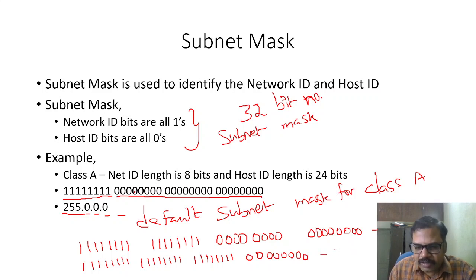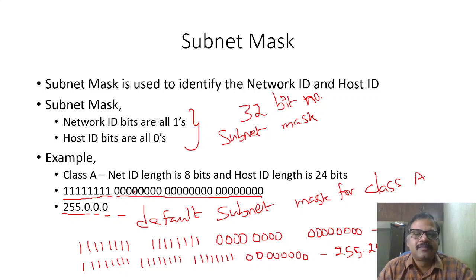Converting into decimal notation, the subnet mask for a class C address is 255.255.255.0. And there is no specific net ID length and host ID length for class D and E, so we can leave it. So this is the way of calculating the subnet mask. Thank you.